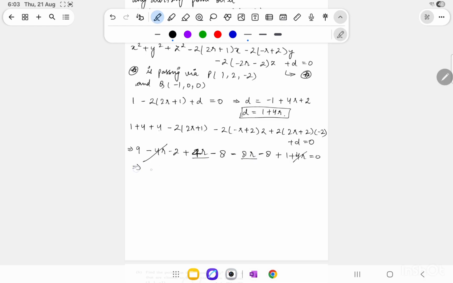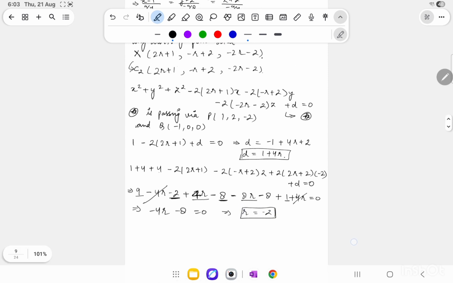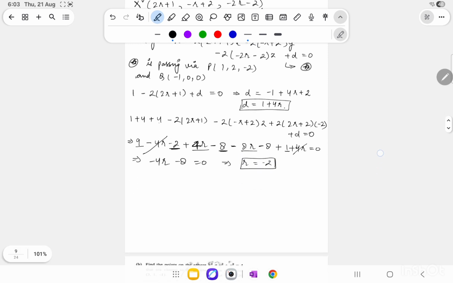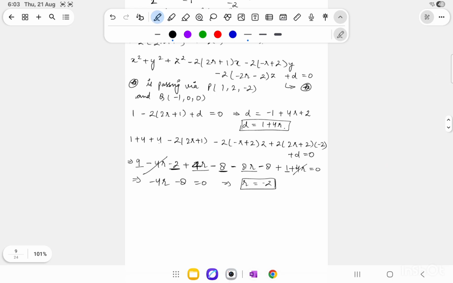It is equals to minus 4r plus 9 minus 2, 7, 7 minus 8, minus 1, minus 1 plus 1, 0, minus 8 equals to 0. So from here I got my r as minus 2. So I can just substitute this value of r here in the equation to get my answer.